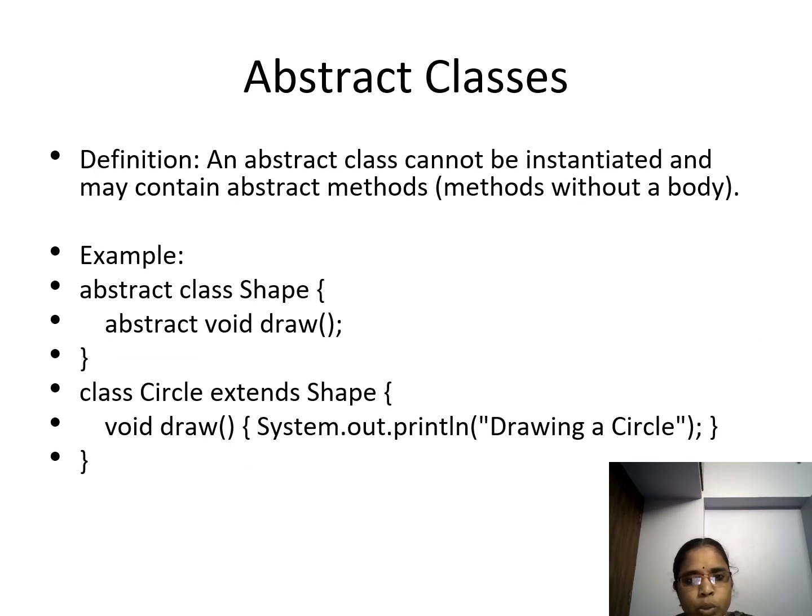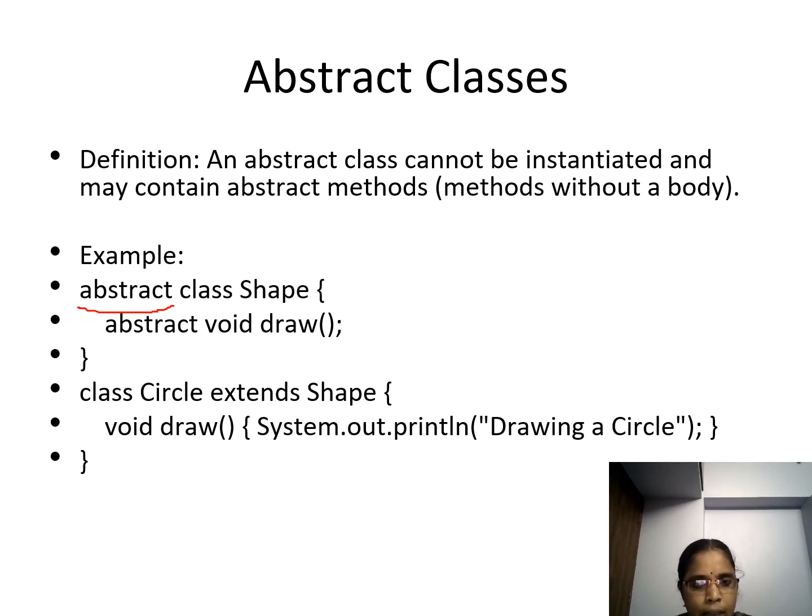Next, we are going to see the abstract classes. An abstract class cannot be instantiated and it can contain abstract methods, where methods without a body are called abstract methods. Here the abstract keyword is used to mark the abstract class.